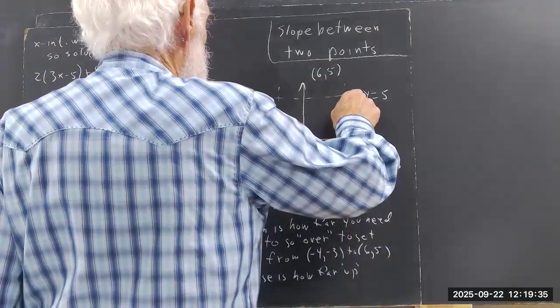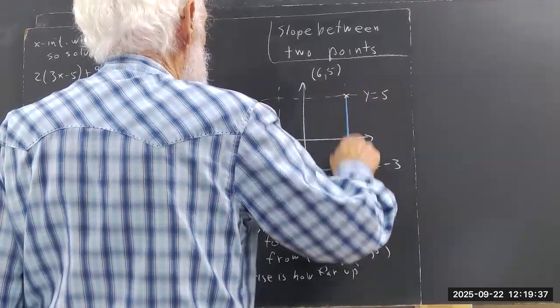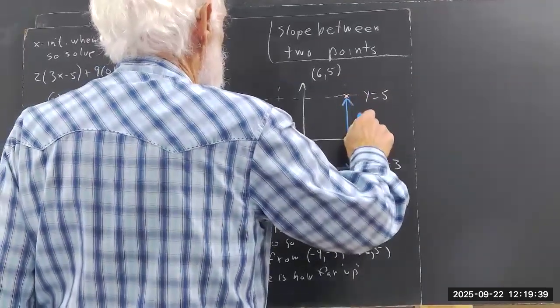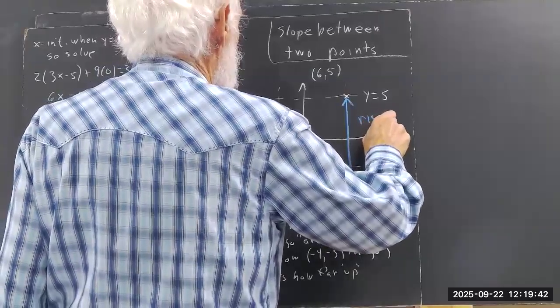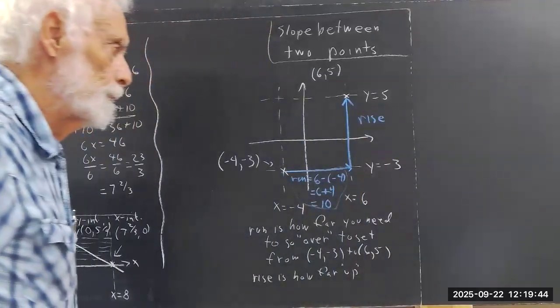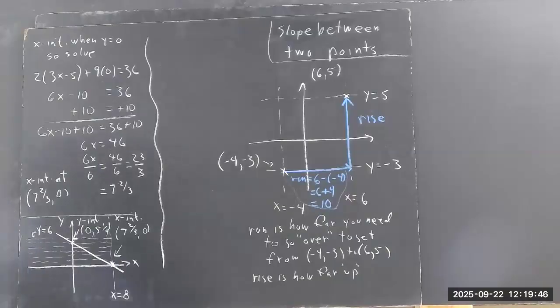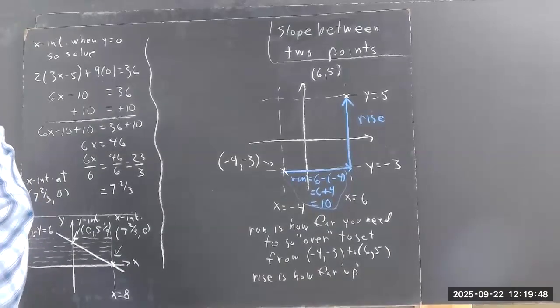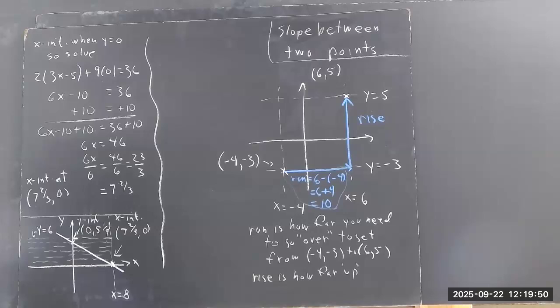Then what do you think the rise is? Can you show me the finger? It's 8.